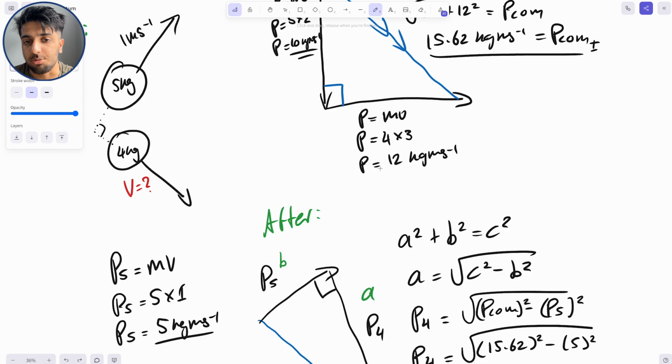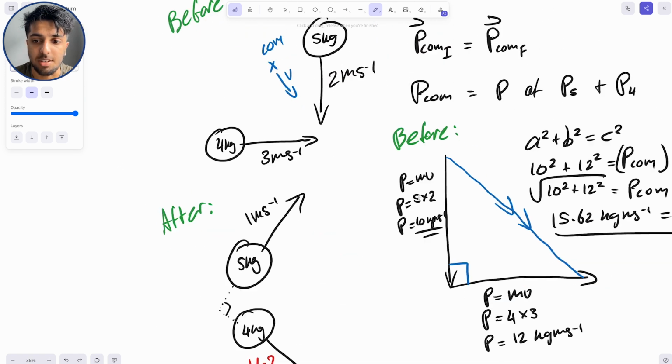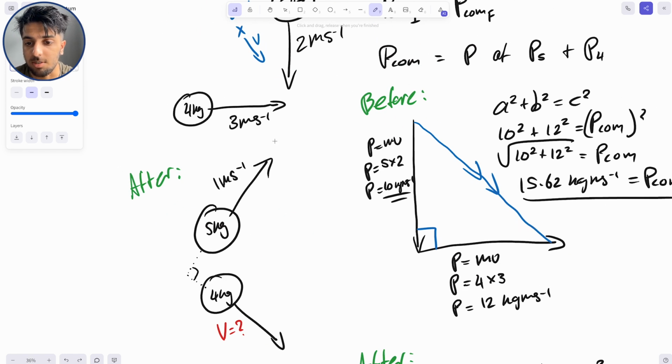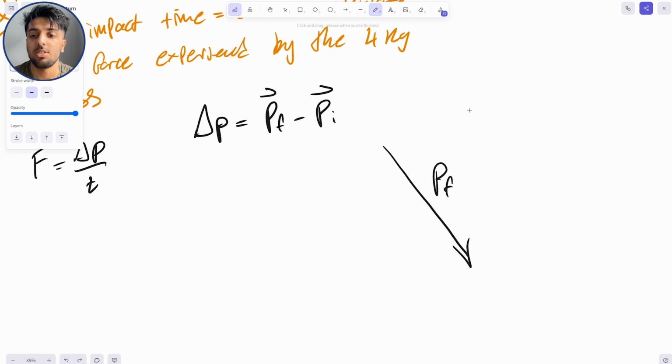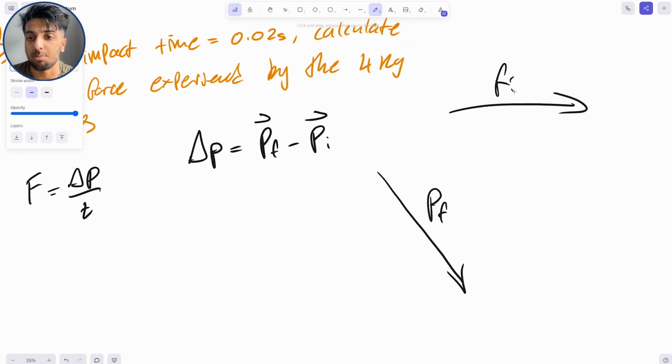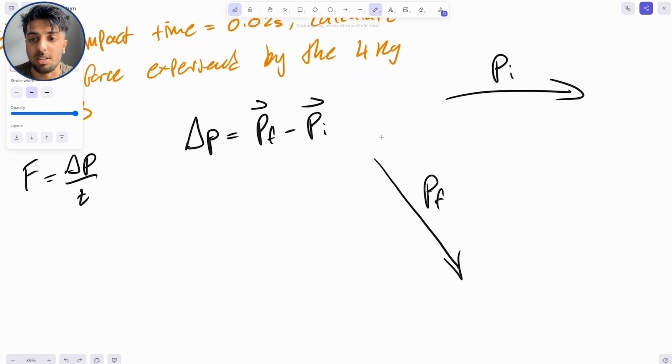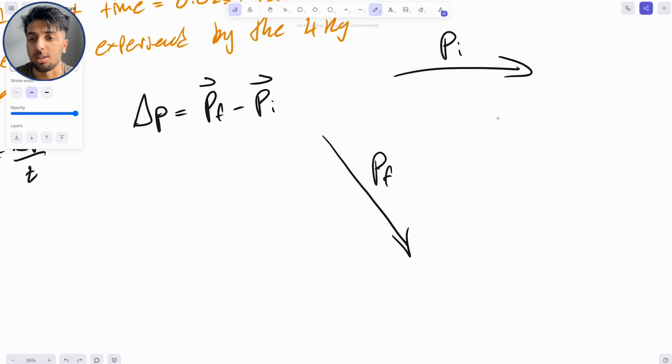And minus the initial. The initial is right here, this vector coming from that. So the initial momentum is like this. That's Pi, but we're trying to minus Pi. In order to negate the vector, we simply flip it around. So that will be negative Pi right there.